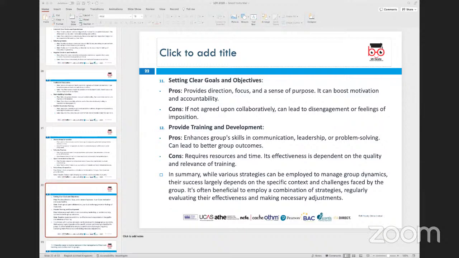That would allow you to set activities, tasks, and groups in a way which allows them to use their problem solving skills, communication, and team building skills, and essentially work together to achieve that activity. That is an example of how we manage group dynamics.